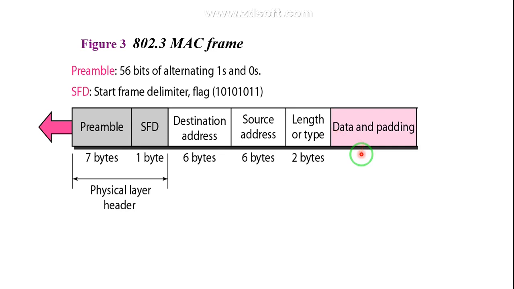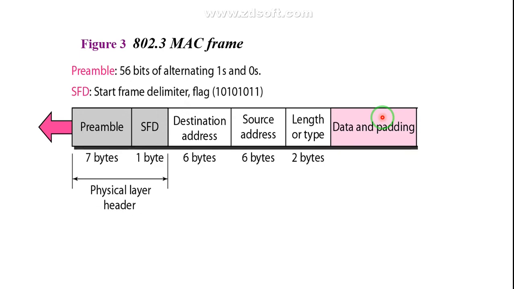Next, it is called the data and padding. So basically this field carries the data which is encapsulated from the upper layer protocol. And it is a minimum of 46 bytes and a maximum of what? 1500 bytes. Now, what is this padding?